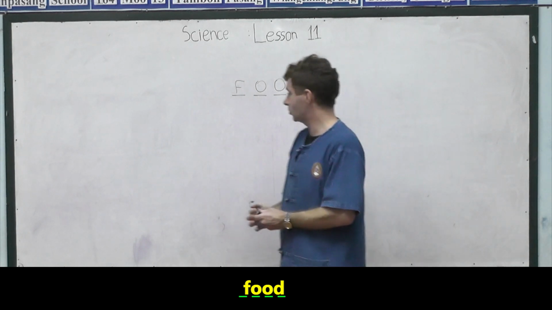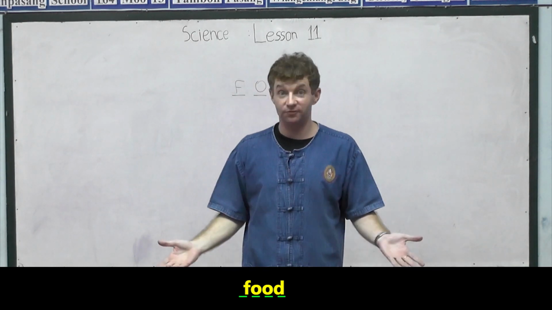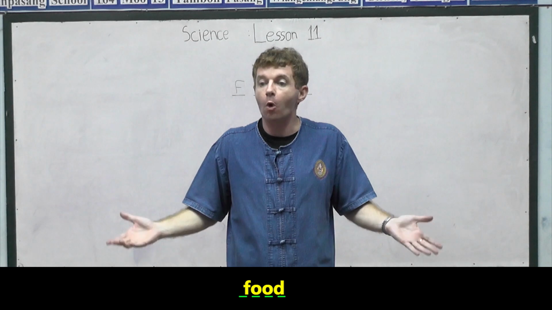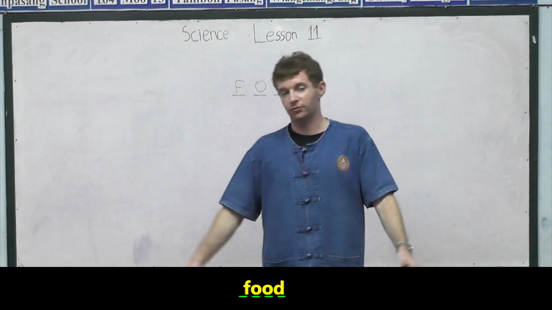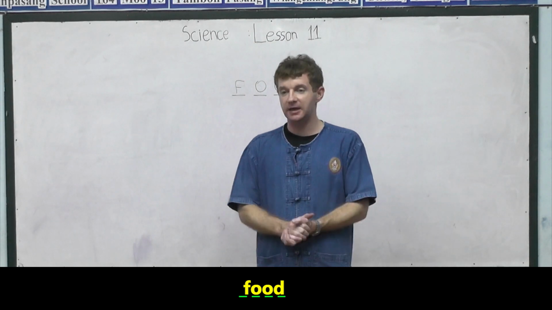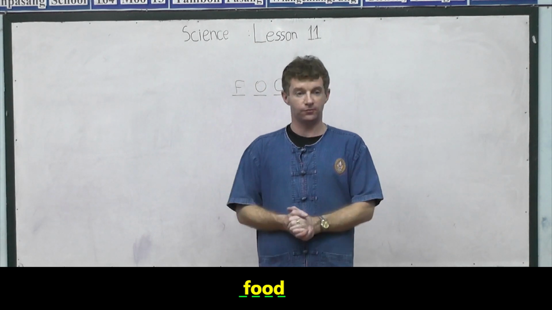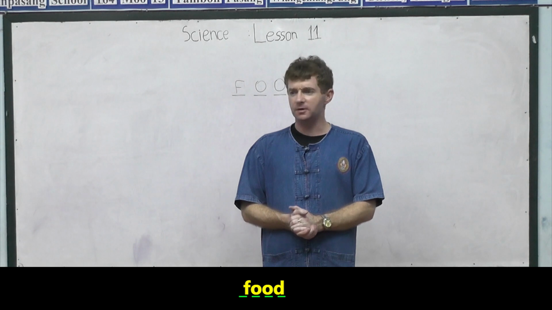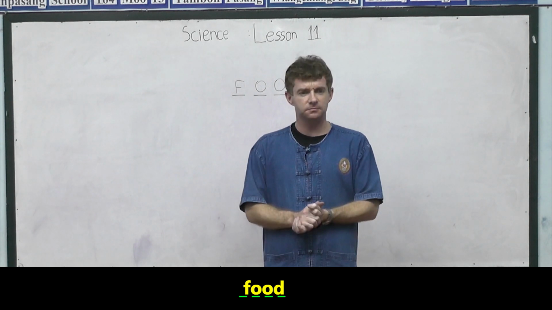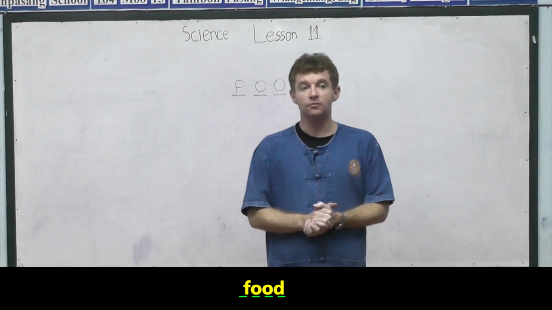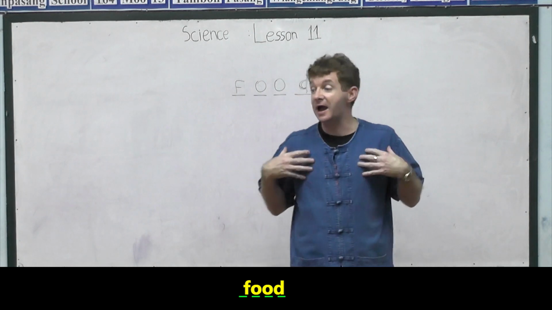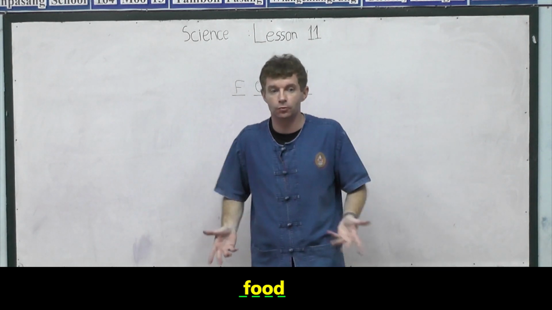Okay, we talk about food because what do all living things need? Food. Every living thing needs food. What would happen if we had no food? We would starve. Starve is when you have a lack of food.